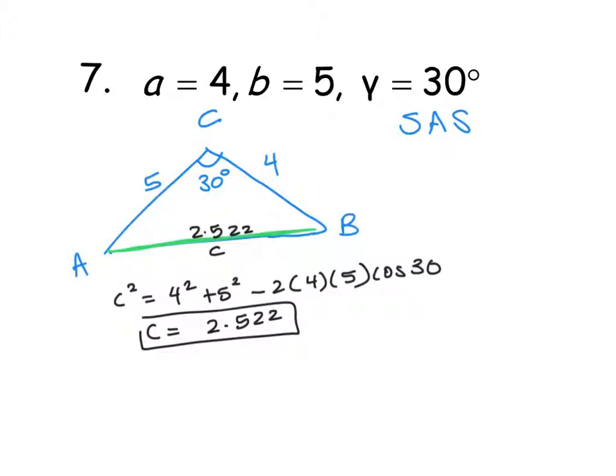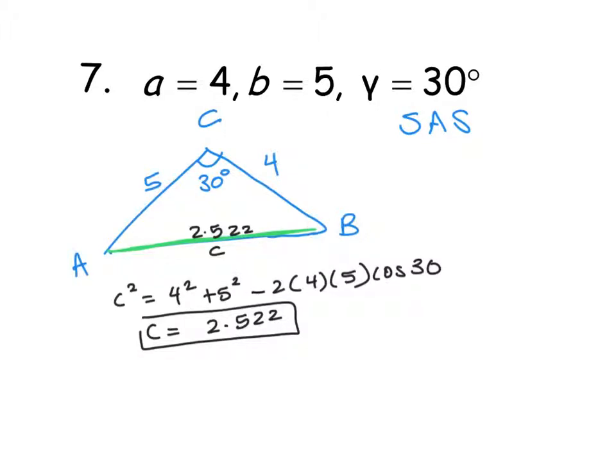Now remember, whenever I have law of cosine, I need to make sure that I find the sides in order, or the angles in order. I always use law of cosine to find the measurement of the largest angle. So if I want to find either A or B, I have to find B first, because angle B is in front of the longest side, so that is the largest angle, so I need to find that first.